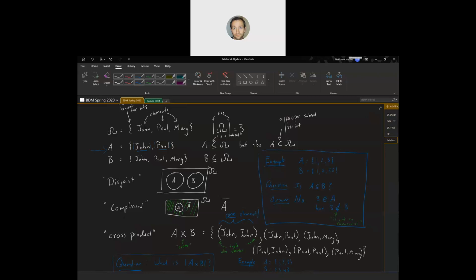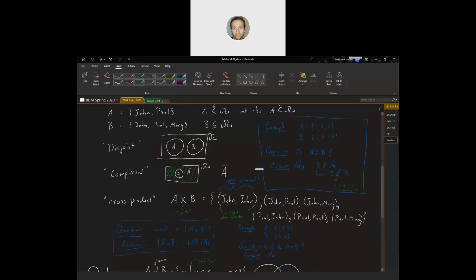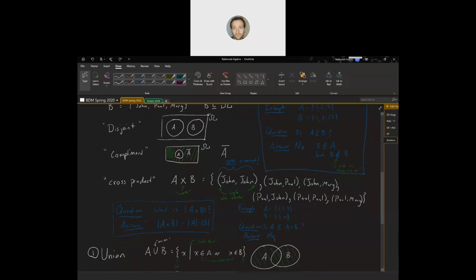If it only has dimension 1, then you can usually just omit those. But yeah, this is of dimension 1, and each element of A cross B is of dimension 2. So A is not a subset of its cross product.